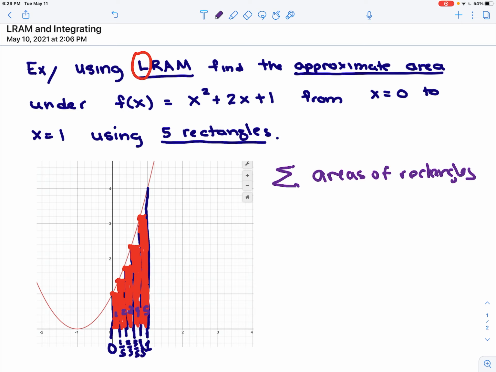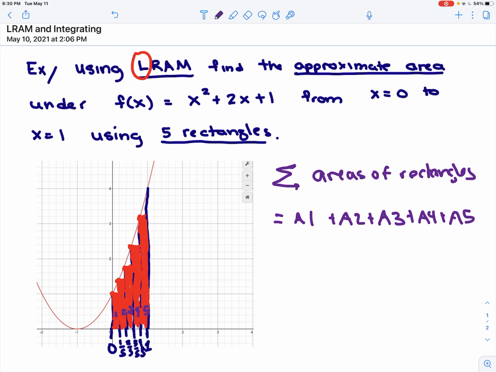Okay, so we're not even being very mathy here, but this is a sum sign for a finite amount of objects. So in this case, 5 rectangles. So this is going to be equal to area 1 plus area 2 plus area 3 plus area 4 plus area 5.